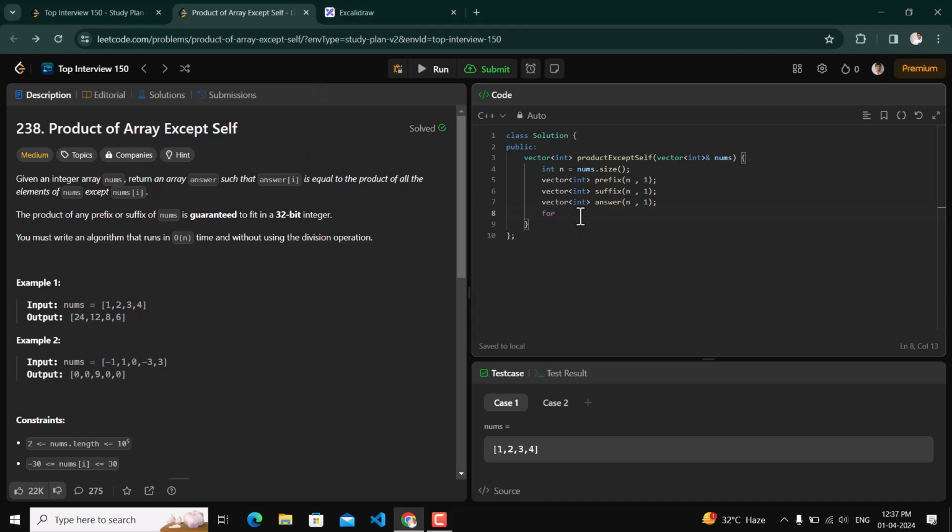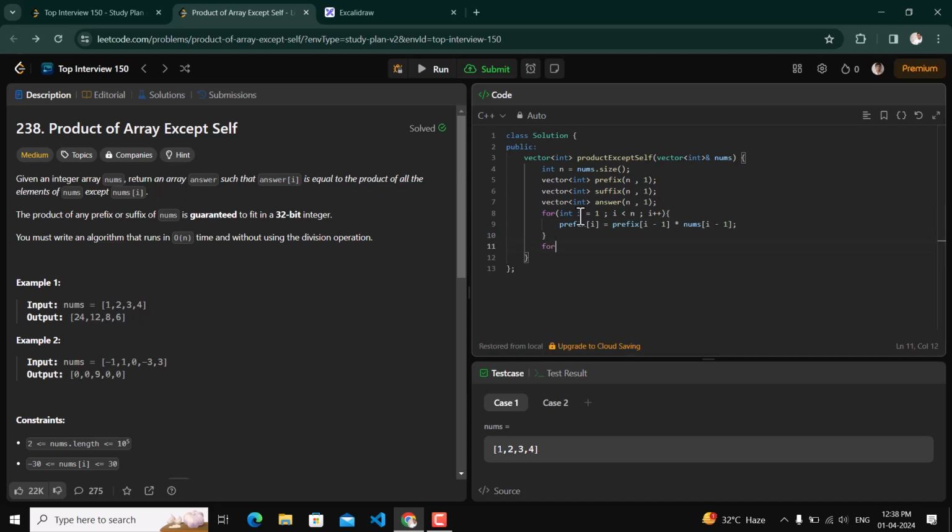So for int I equals 1, I less than n, I plus plus, we will calculate the prefix: prefix of I equals prefix of I minus 1 multiplied by nums of I minus 1. We have seen why we are doing this.